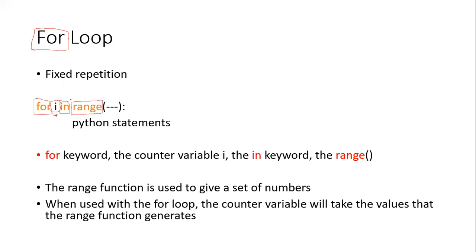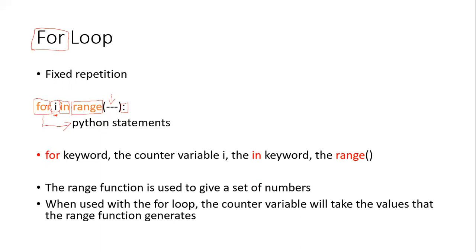So there's many things happening here. Range has some values that are in the bracket, which we will discuss in a moment. And then we use the colon to indicate that there are now going to be statements that are inside of the for loop, just as we did with an if statement.